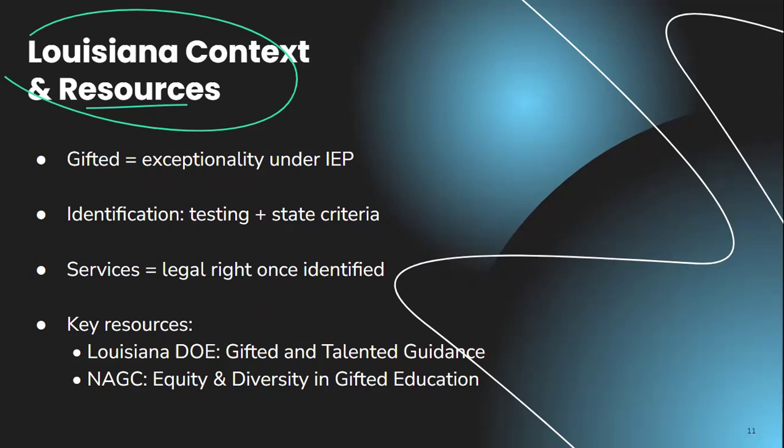The NAGC resources are just really great to help us understand the identification process and how we can look for all gifted learners in all of our classrooms, in all of our school settings. So again, I just mentioned these two resources as potential areas where you might be able to find some answers or some more understanding, especially given the case study that you're going to have to do for this course.